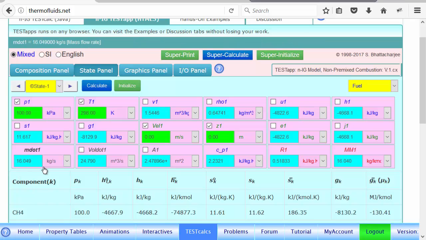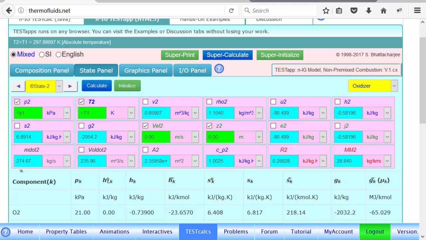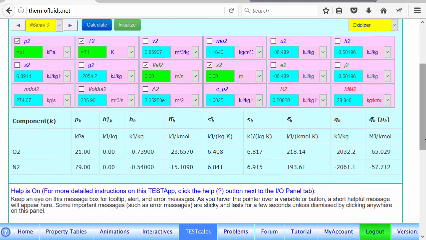So about 16 kg of fuel is coming in. If you go to state 2, automatically it is the oxidizer. Again, they come at the same pressure and the same standard temperature of 298. And here are the oxidizer properties. Notice that in addition to overall properties, partial properties of each component are shown here.